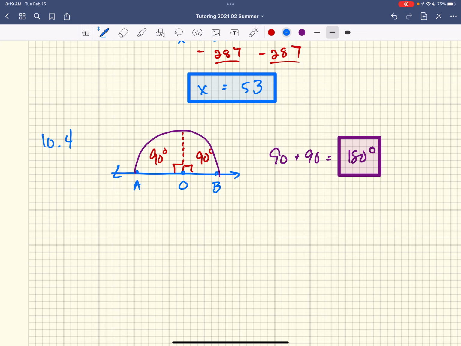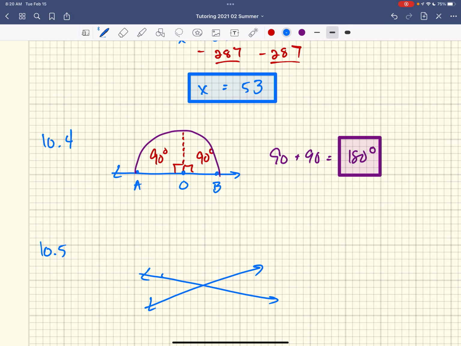Problem 10.5, in the figure, lines PQ and RS meet at point O. So let me go ahead and draw that out. So that would be PQ, and this would be RS, and we'll go ahead and label it similarly to your book, R, S, P, and Q, and there at the center they meet at O. If angle SOP, that's how we draw angles, the middle letter is always the vertex of the angle.